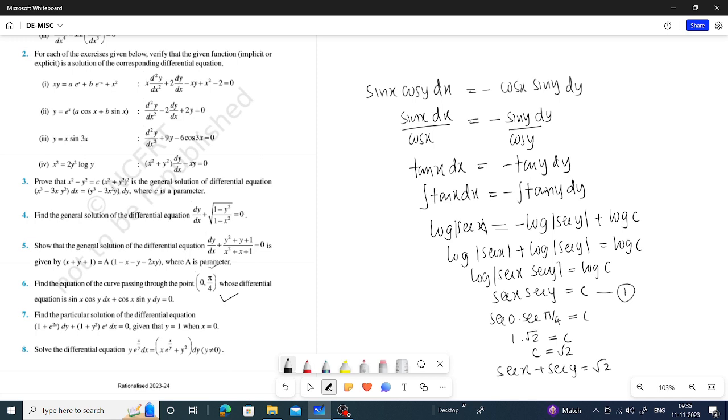It can be written as 1 by cos x into 1 by cos y is equal to root 2. So this is the solution, and in any way you can find it out.